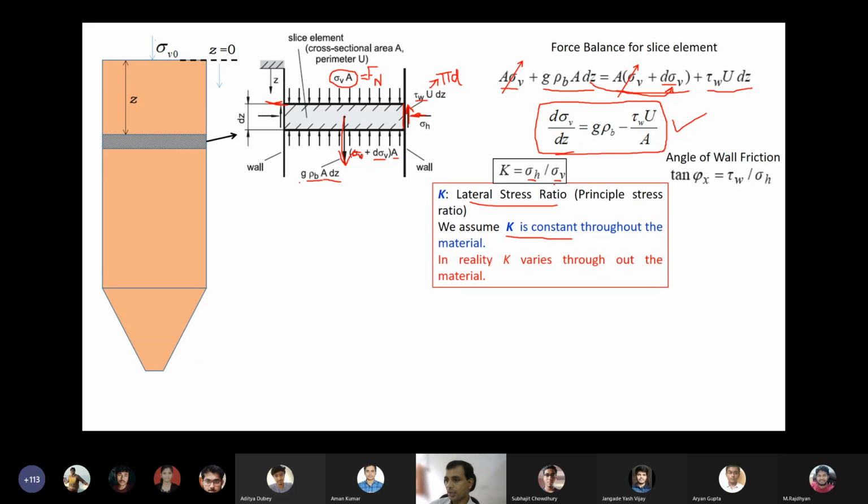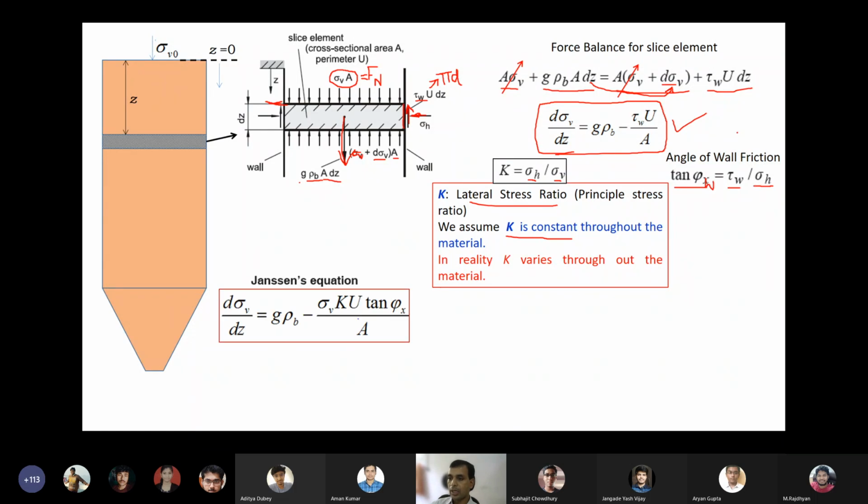We know another relation, that is the angle of wall friction. Angle of wall friction equals tau W by sigma h. I have explained today also how to find the angle of wall friction. Notations are varying, I'm really sorry, but kindly keep that in mind. Instead of phi W, I have written phi x here. Tau W by horizontal stress.